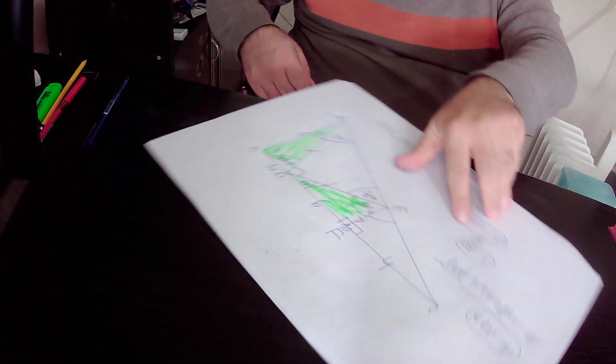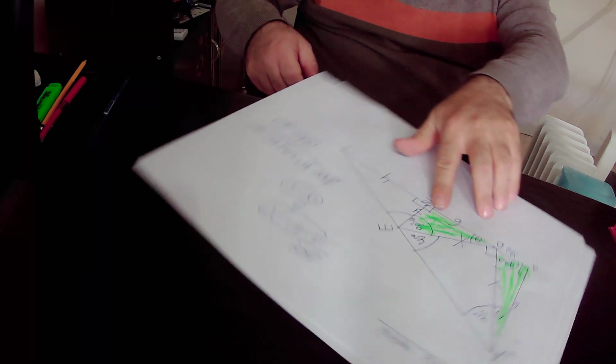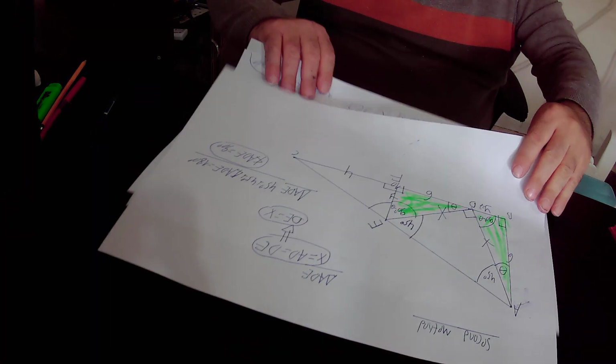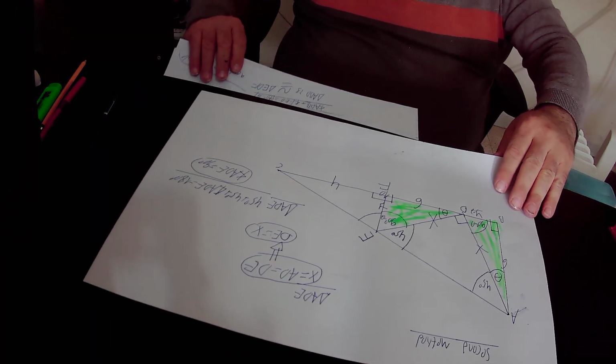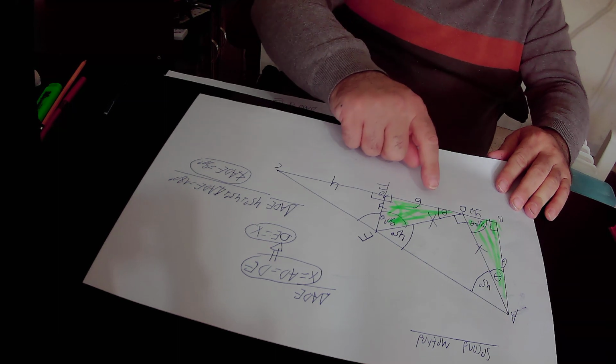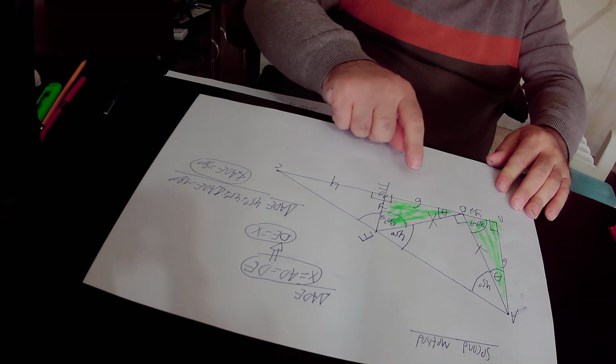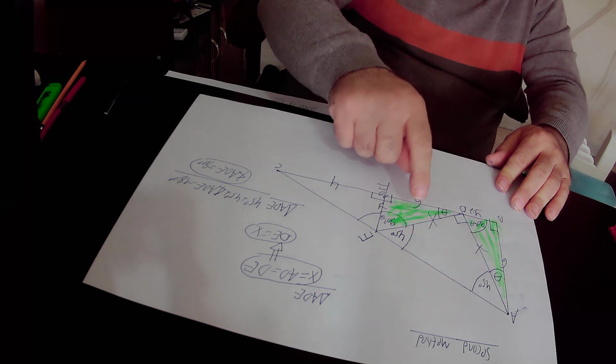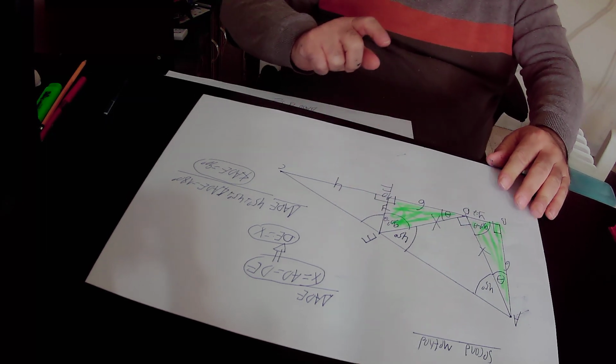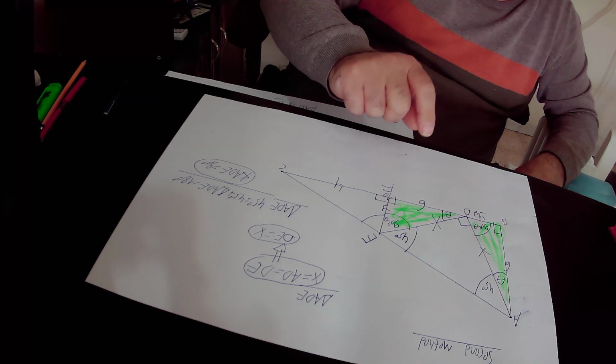In the second method, we made another construction. Here, from point D, we draw a straight line to AC in such a way that angle AEC will be equal to 45 degrees. It is possible to do it.